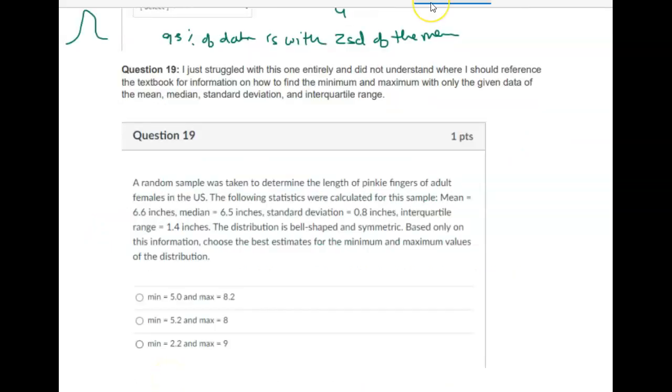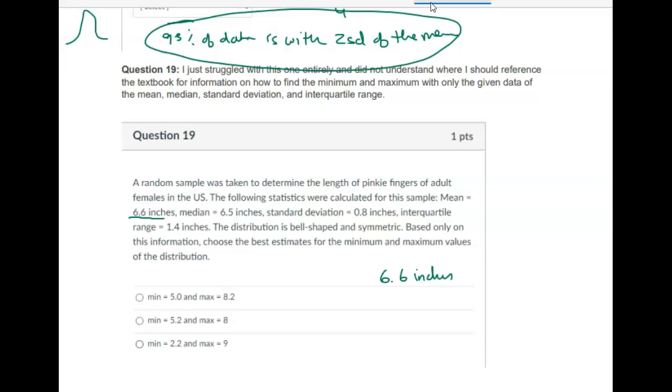All right, 19 also has to do with that standard deviation. Approximately 95% of the data is within 2 standard deviations of the mean. So if you are given the mean is 6.6 inches and the standard deviation is 0.8, if you add 0.8 and another 0.8, you get 6.6 plus 1.6 equal to 8.2.